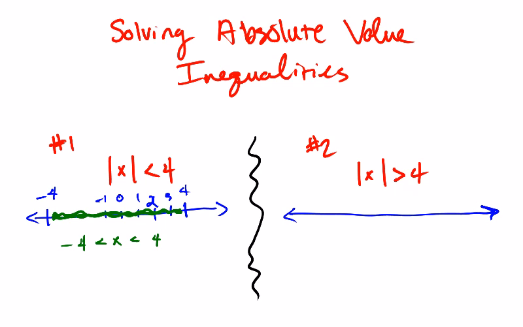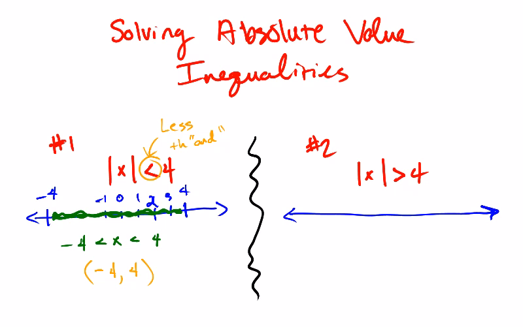I call this a less than symbol, because anytime the absolute value is less than a constant, the answer is the set of values in between the two numbers. And you can write that as (-4, 4) in interval notation. Either would be acceptable.